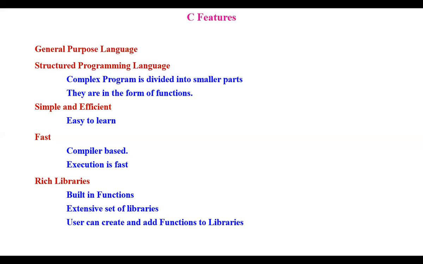And the user can create and add functions. One more advantage, a beauty of this C language, is we can create and add to these libraries also. A user can become very powerful, and we can create and add functions to the libraries. That's a very powerful feature.